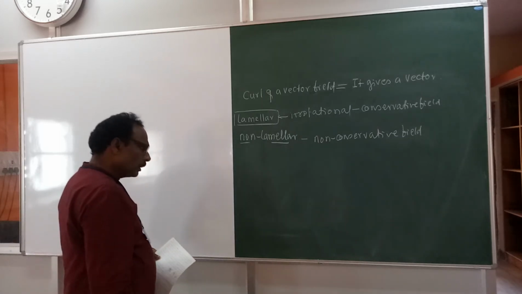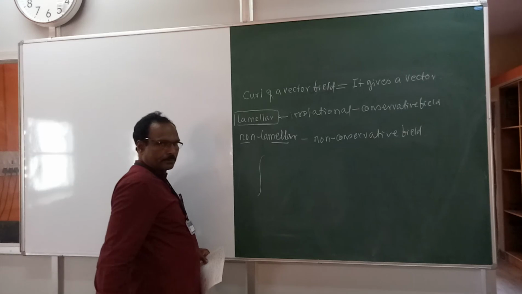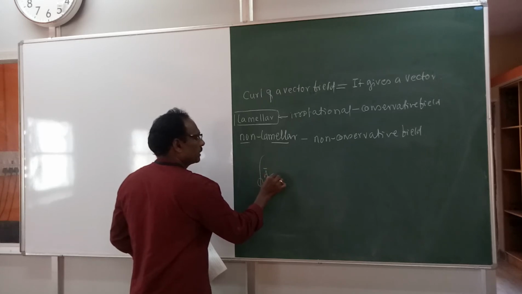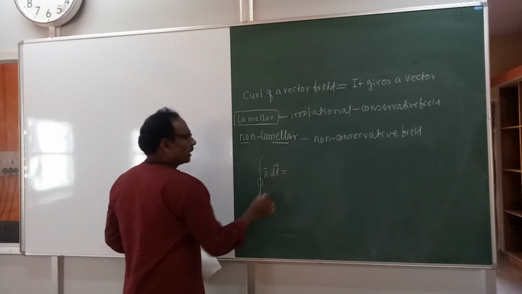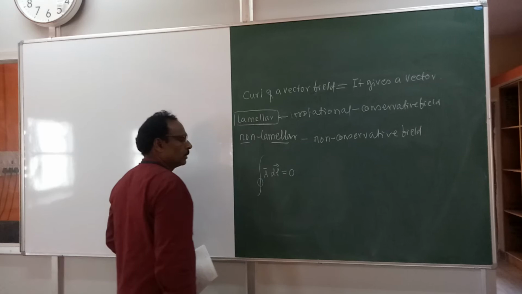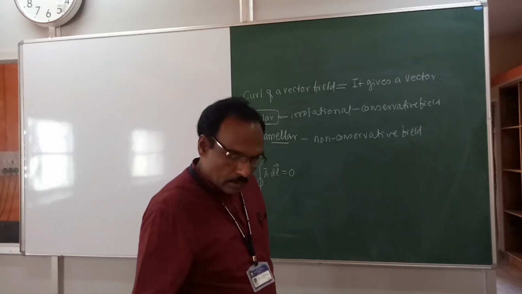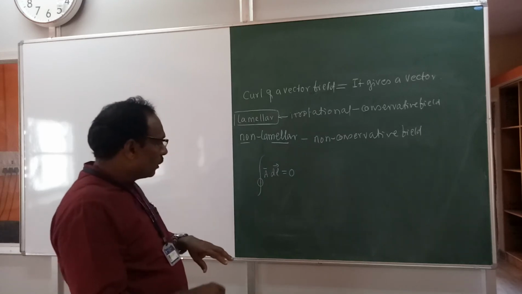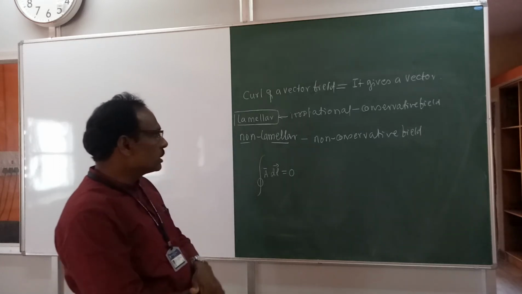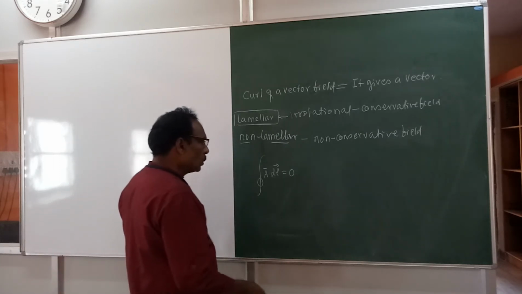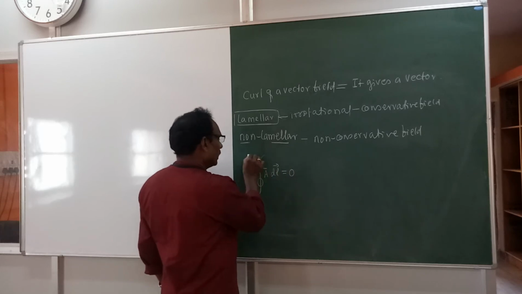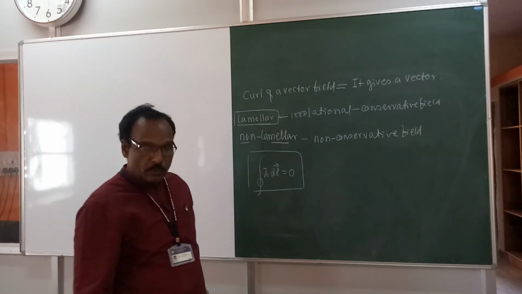Now, if I take the closed line integral of a vector A dl, and if the closed line integral of the vector A around a closed path C is 0, then that field is called a conservative field.